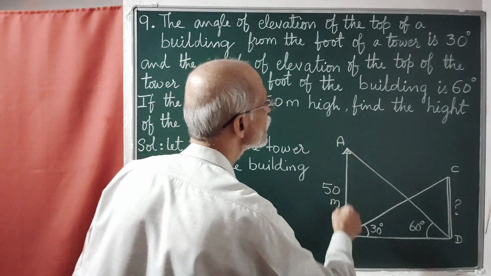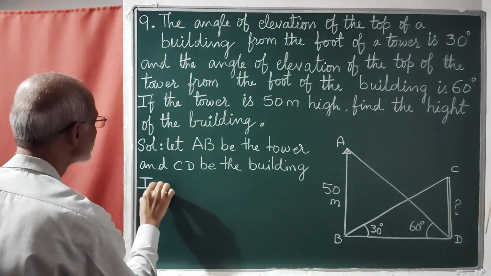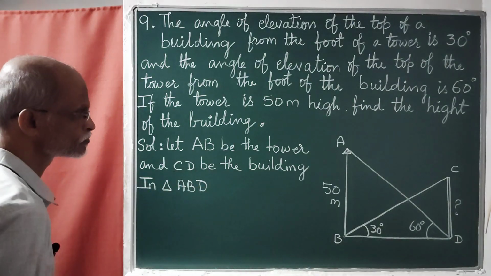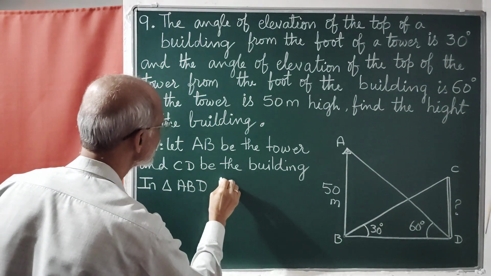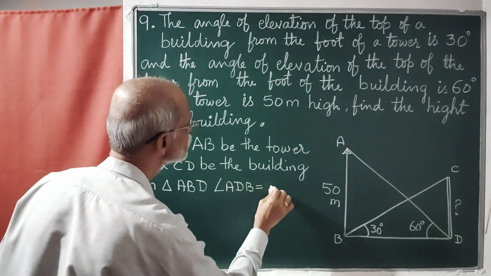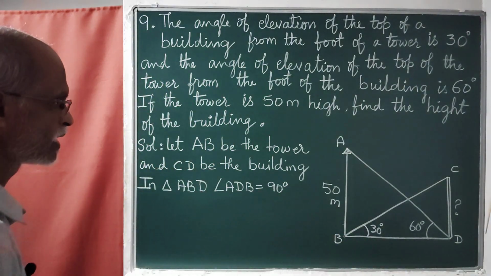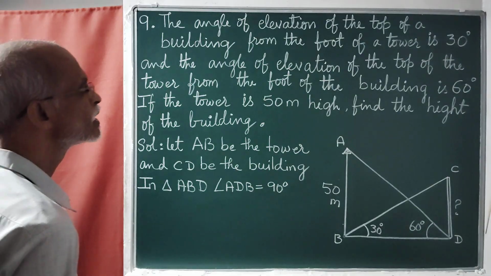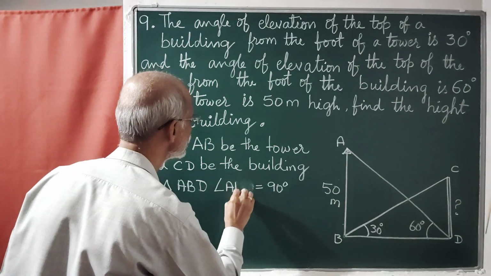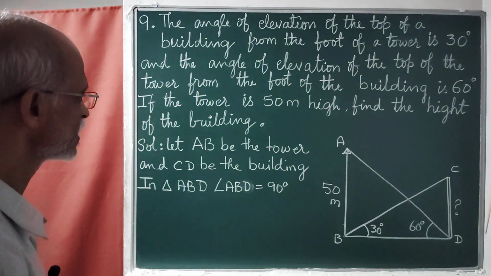Now we'll take triangle ABD. In triangle ABD, angle ABD is equal to 90 degrees.